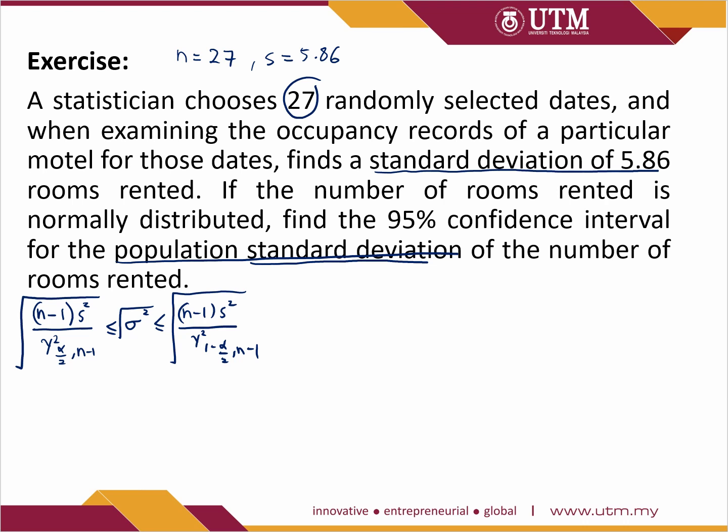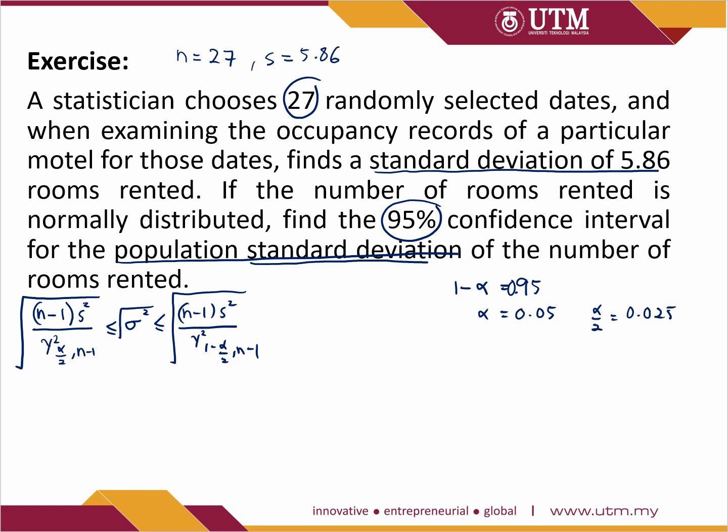Next we need to know the chi-square values. Given that this is our confidence interval, 95% refers to 1 minus alpha, which is 0.95. So alpha would be equal to 0.05, and alpha over 2 will be equal to 0.025.